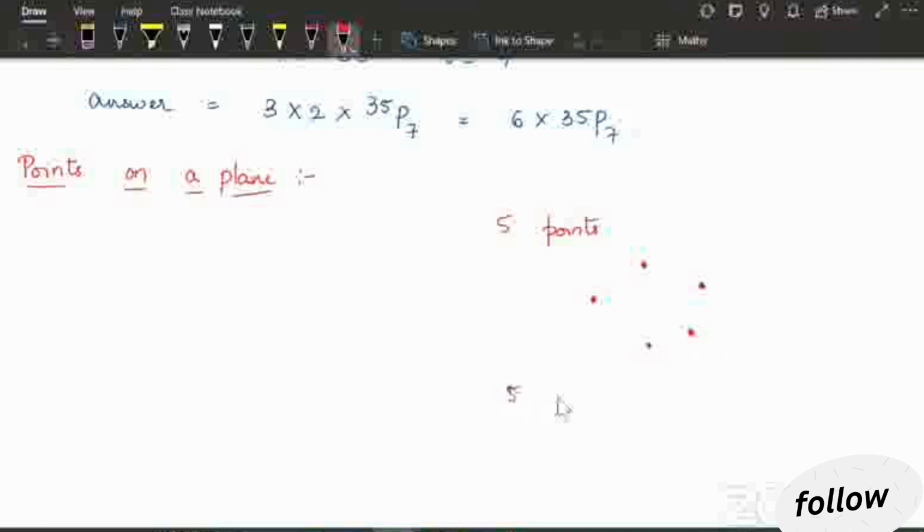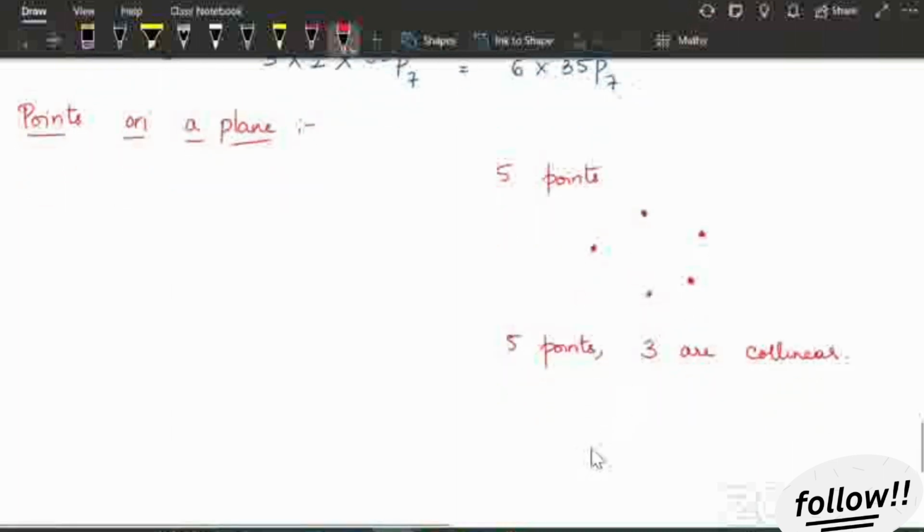Suppose I say there are 5 points, in that 3 are collinear. It means there are 3 points that form a single straight line, and there are 2 other points which can be anywhere, cannot be on the same line. We'll put it somewhere like this.